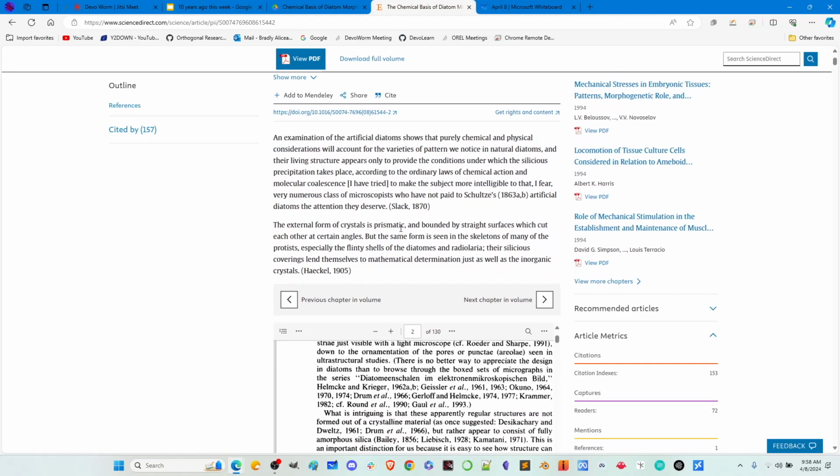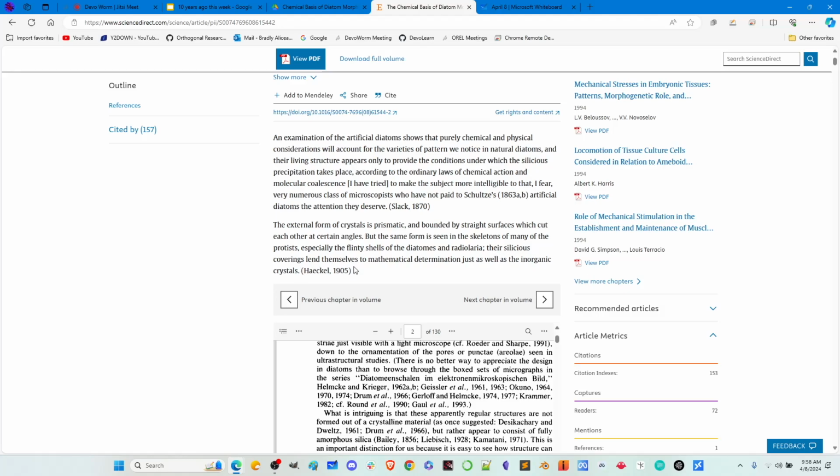So this talks about the external form of crystals being prismatic and bounded by straight surfaces which cut each other at certain angles. But the same form is seen in skeletons of many of the protists, especially the flinty shells of the diatoms and radiolaria, which are a related sort of organismal structure.